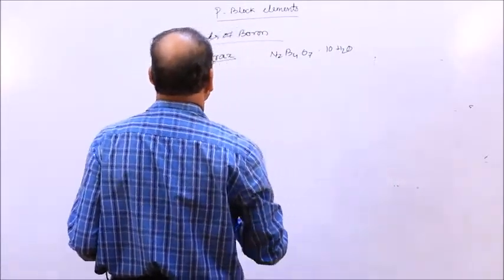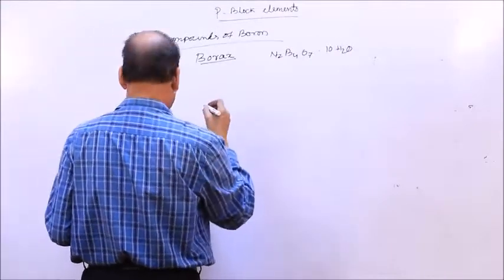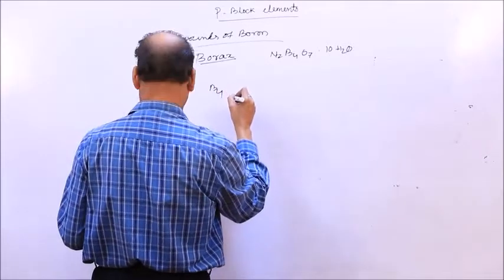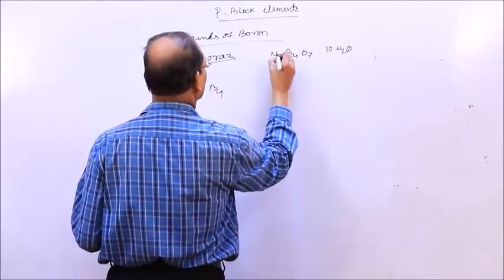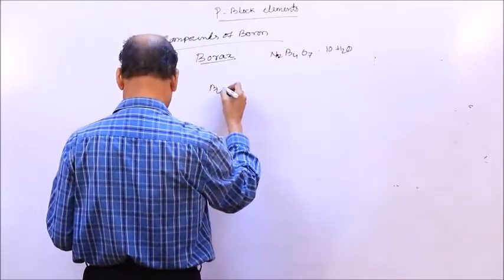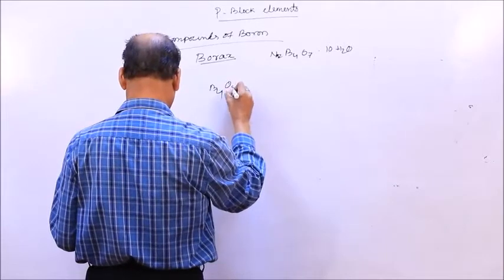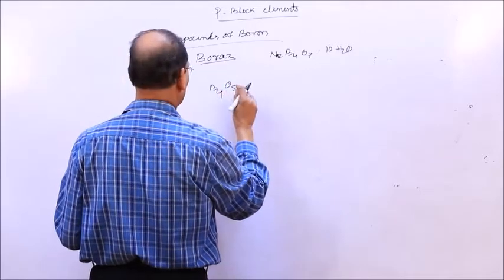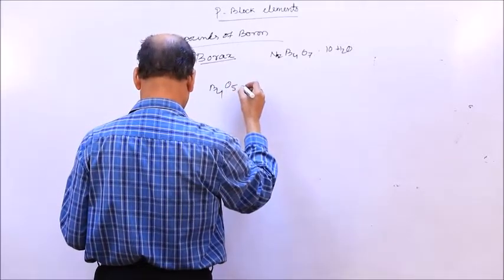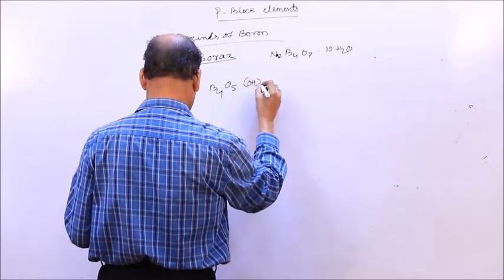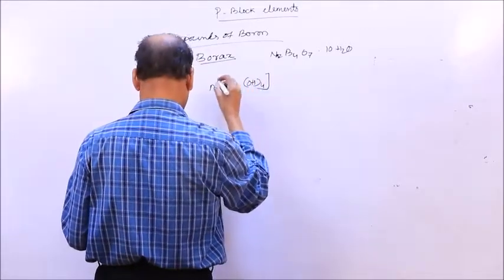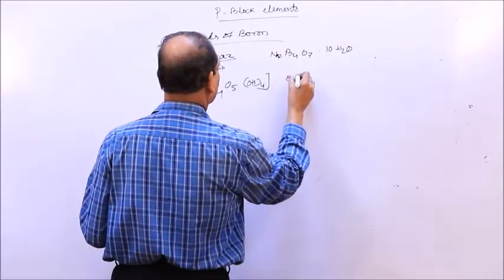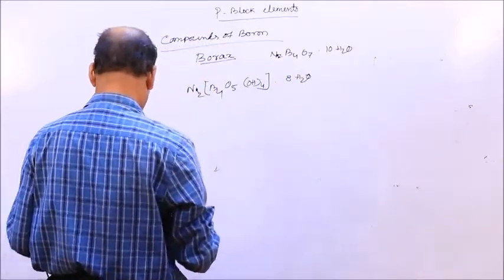Practically the compound can be written as Na2[B4O5(OH)4].8H2O.